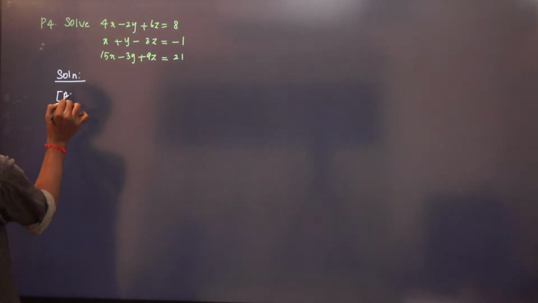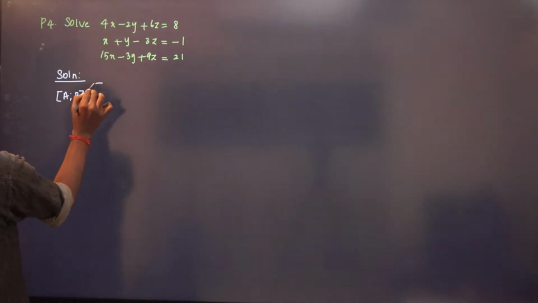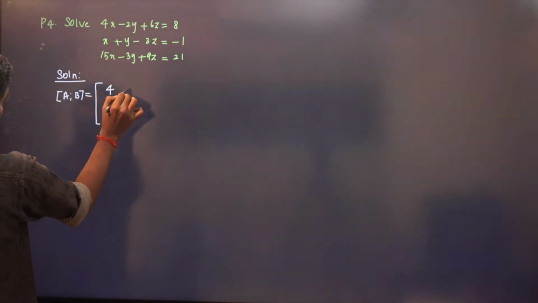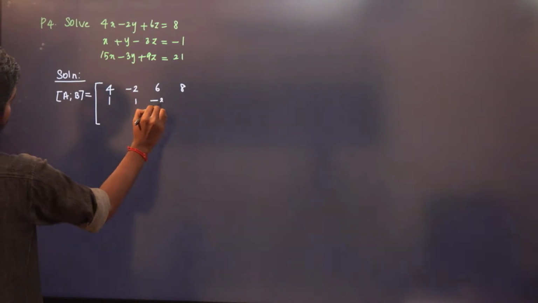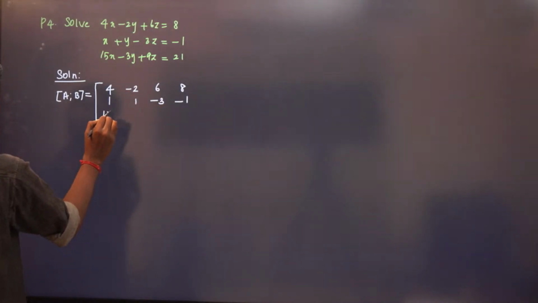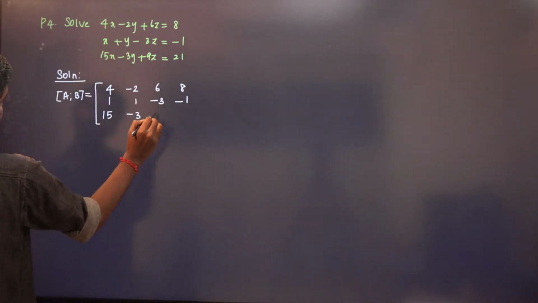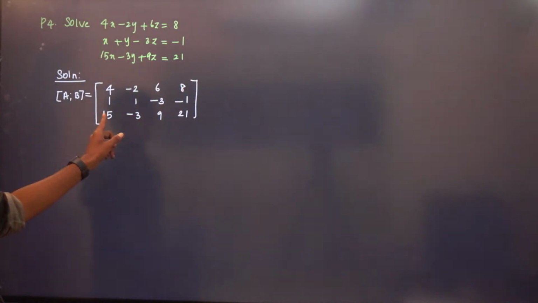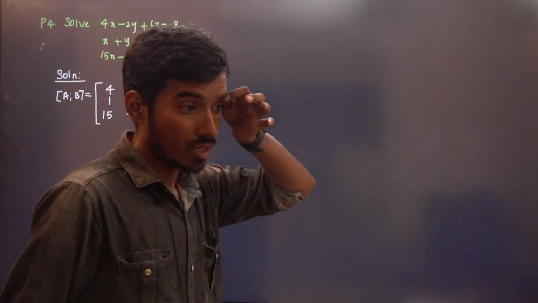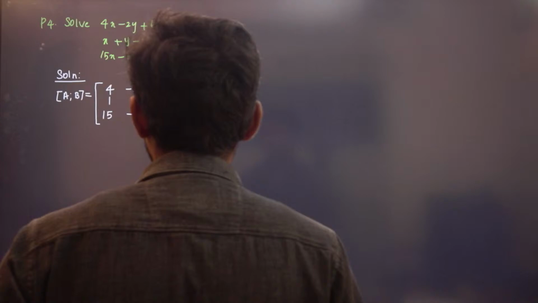Okay. So first we'll form the augmented matrix, right? I'll write this directly. So 4, minus 2, 6, 8; 1, 1, minus 3, minus 1; 15, minus 3, 9, 21. See, you can see in the third row, 3 is common, and in the first row, 2 is common, right?